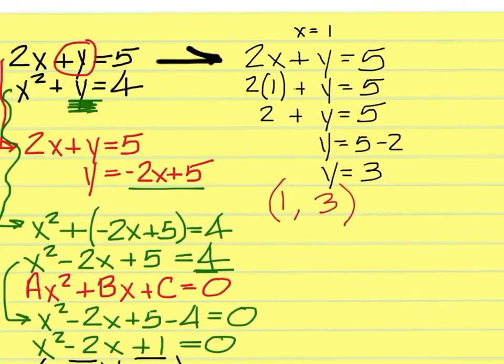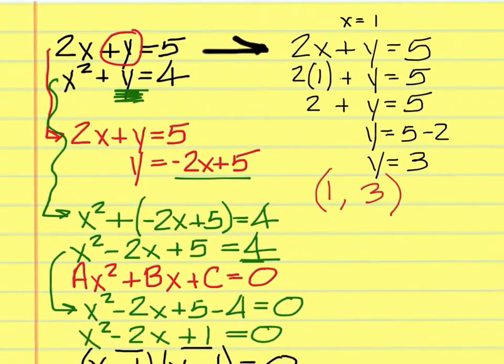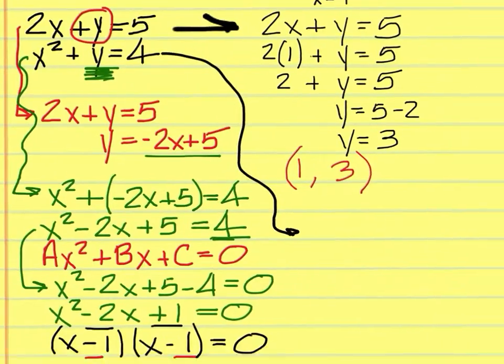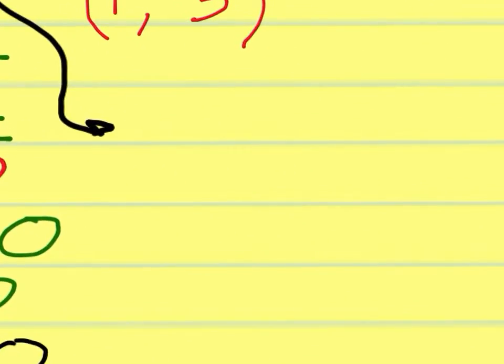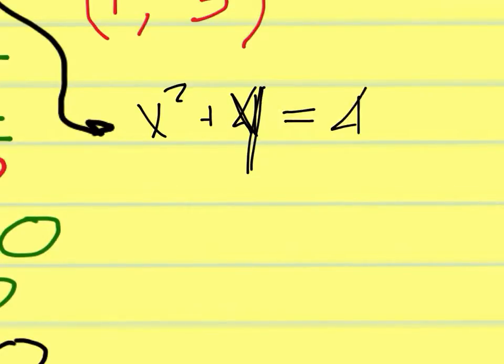Now go back over here, since we don't have anything else to use for an x value, and just check with this equation. X squared plus y equals 4. And remember, we had x equals 1.